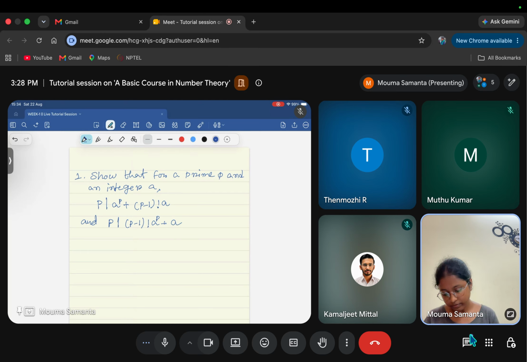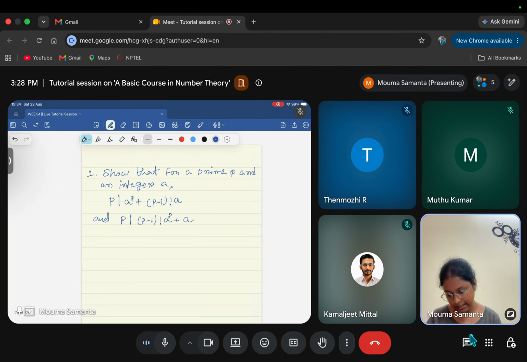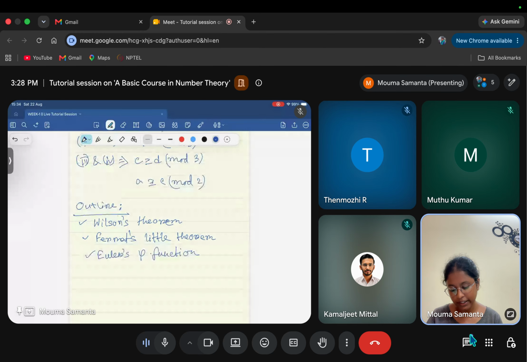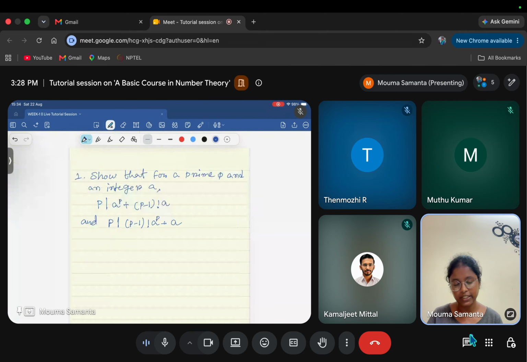As I said, I will try to cover these three topics. So we can use Wilson's theorem and also Fermat's little theorem to show that this statement holds.